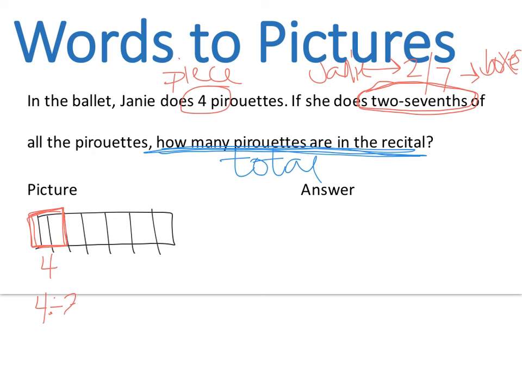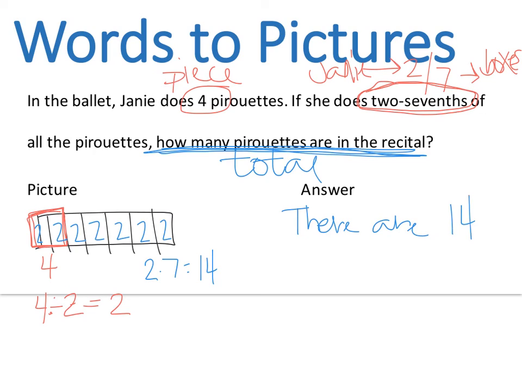If Janie has 2 boxes and she did 4 pirouettes, 4 divided by 2 is 2. So every box represents 2 pirouettes. Since there are 7 boxes, my answer will be 2 times 7, which is 14. So there are 14 pirouettes in the recital.